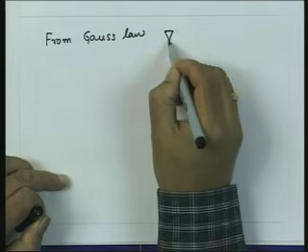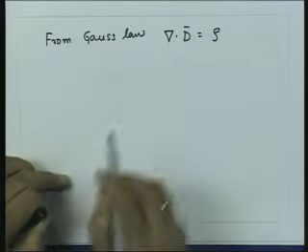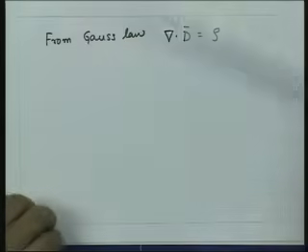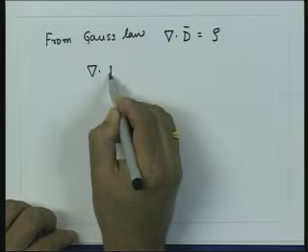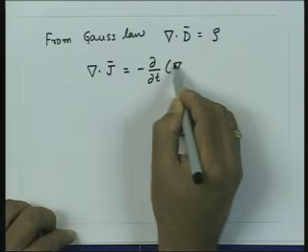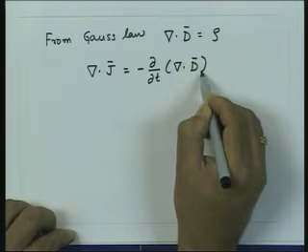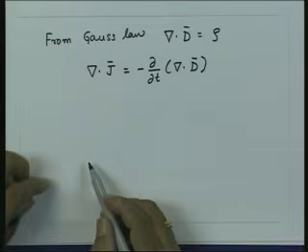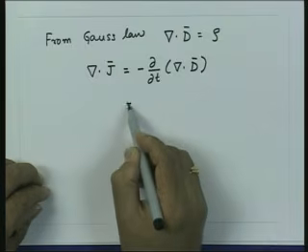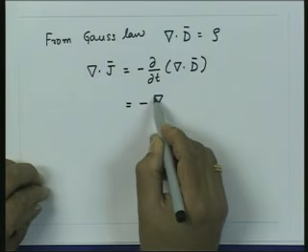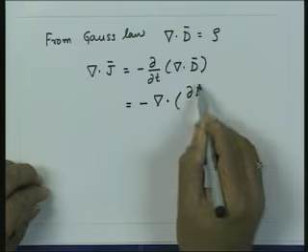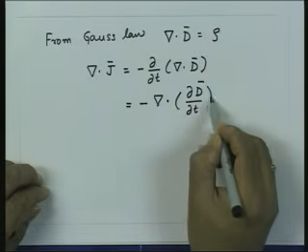We have del dot D is equal to rho. So, I can substitute for rho in this equation. So, I get del dot J is equal to minus d by dt of del dot D. Interchanging the operators, space operator and time operator, this will be minus del dot of dD by dt.